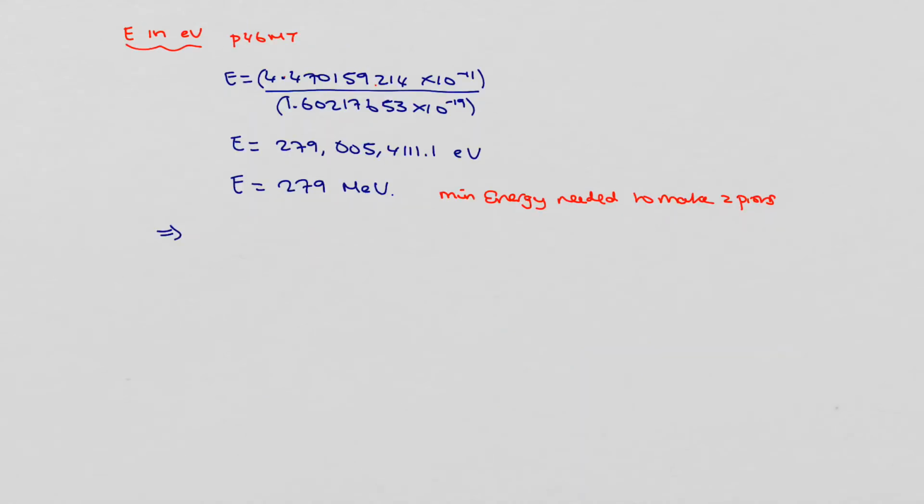So if I divide this whole number by 2, I end up with 139.5 mega electron volts, which is of course 140 mega electron volts. I shouldn't really be rounding there until the end, because if I divide 279 by 2, I'll still get 139.5.